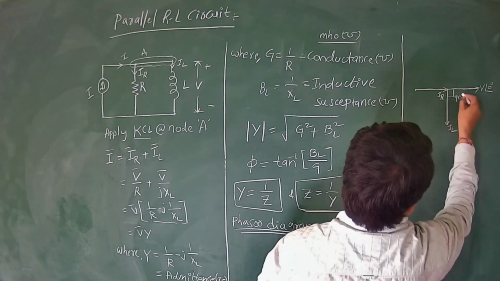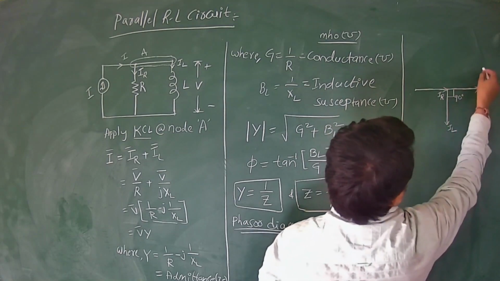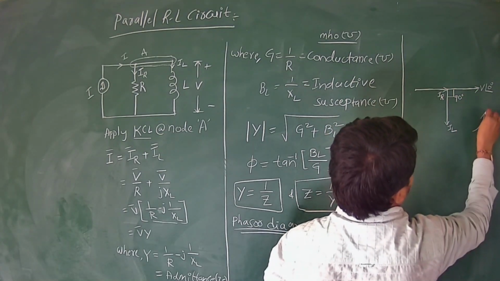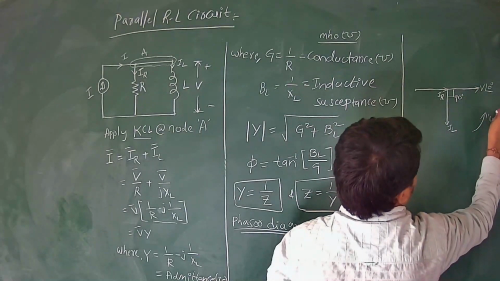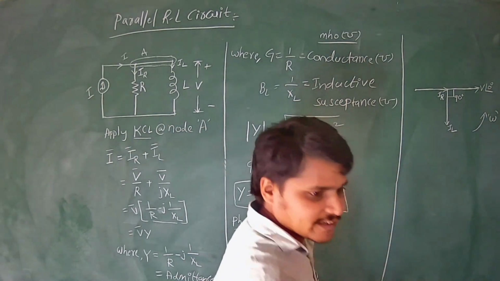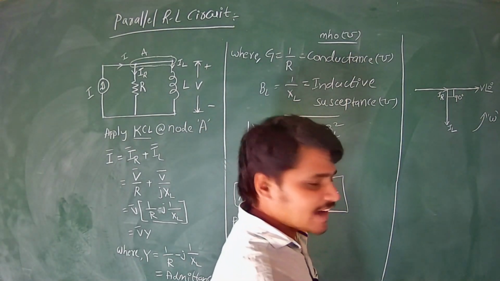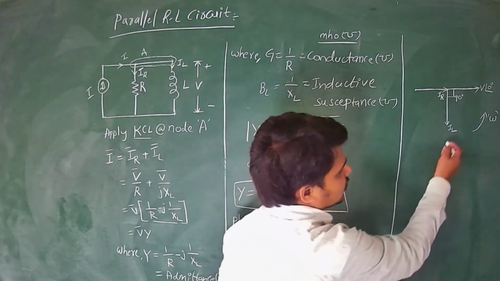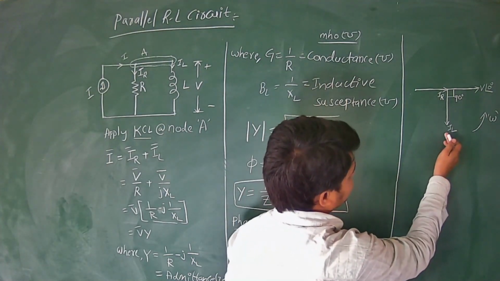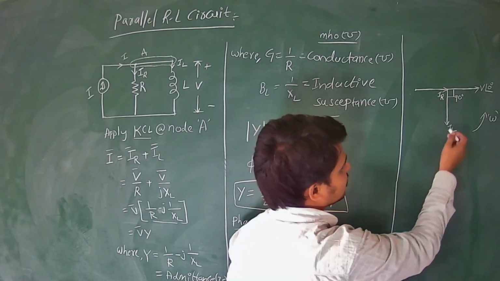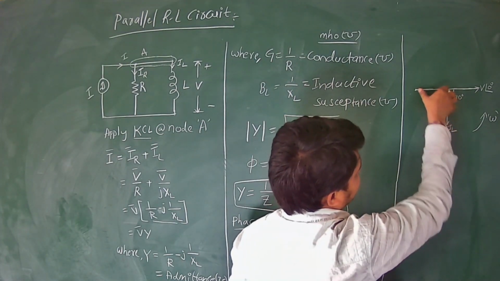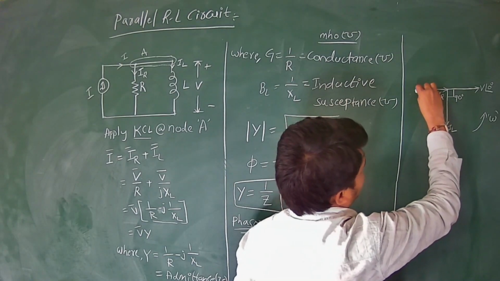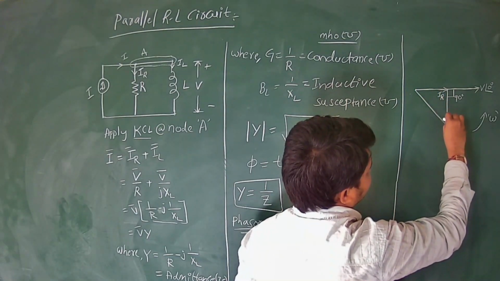Of course, our vector rotation is in the anti-clockwise direction, rotating with omega radians per second. Therefore, this is our IL. So the phasor sum of this IR and IL will give you our I.